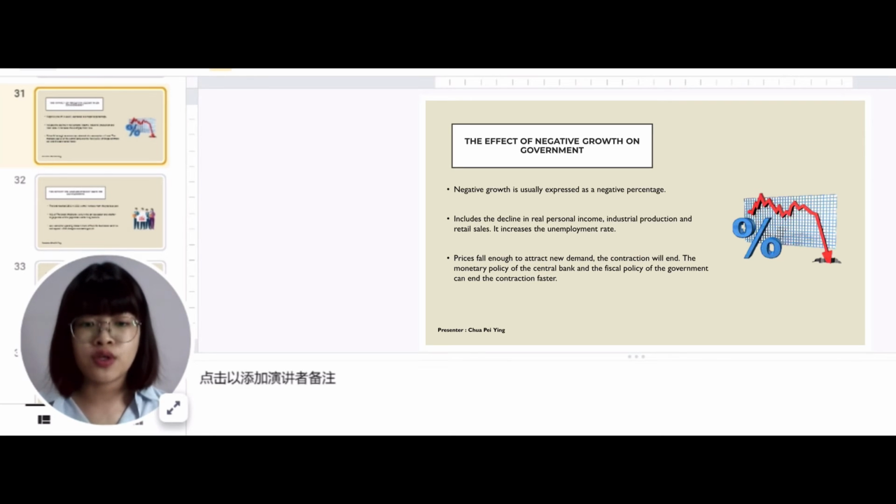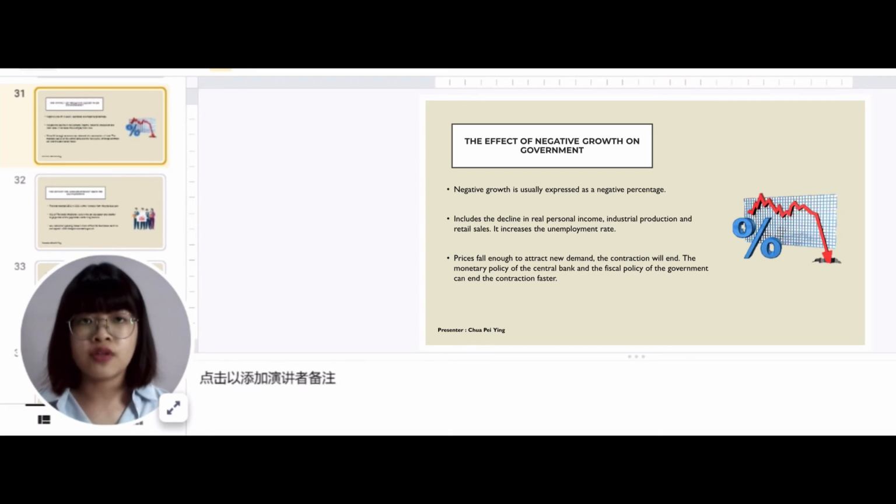Negative growth is usually expressed as a negative percentage, and this includes the decline in real personal income, industrial production and retail sales. It increases the unemployment rate. Faced with declining demand, companies stop hiring to save money. In the middle of the economic contraction, they begin to lay off workers, causing the unemployment rate to rise.